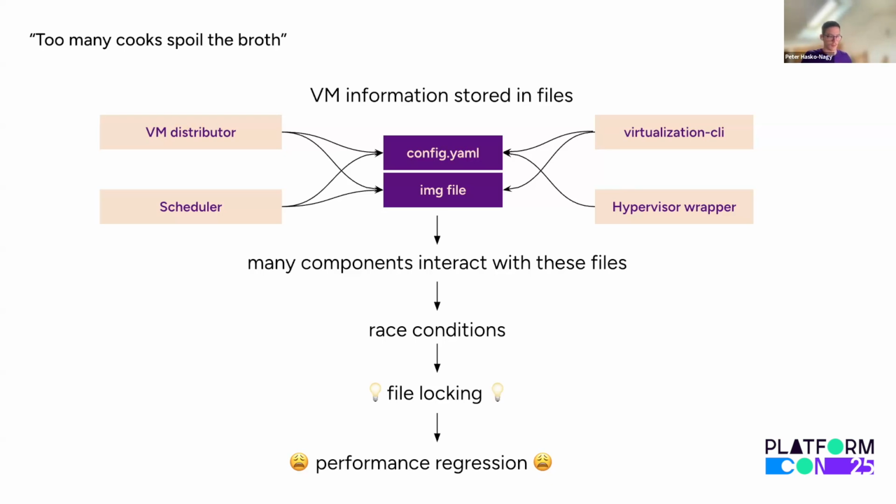And in our early implementations, we tried to fix race conditions by introducing file locking, which actually did solve some of our problems, but introduced very serious race conditions. No, not race conditions, but performance regressions. And so we thought that we should step back and think, and we can do something better, which we did.